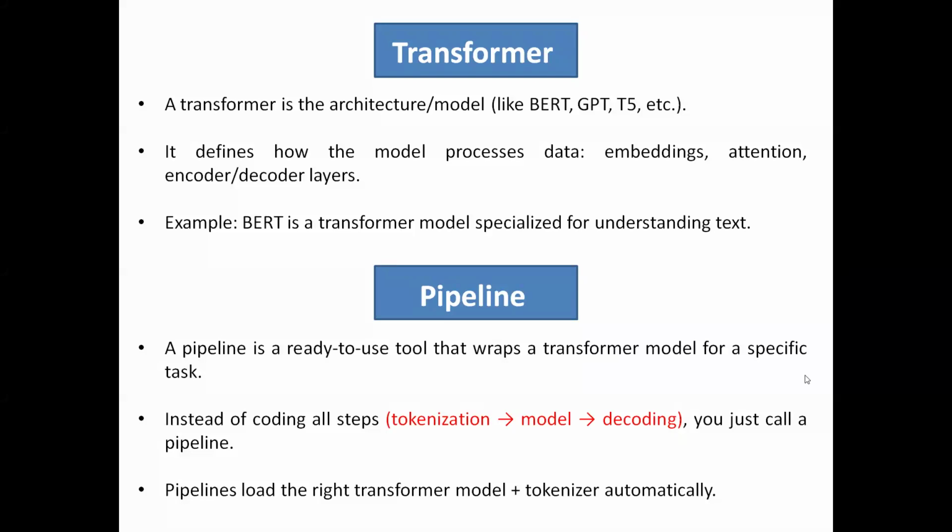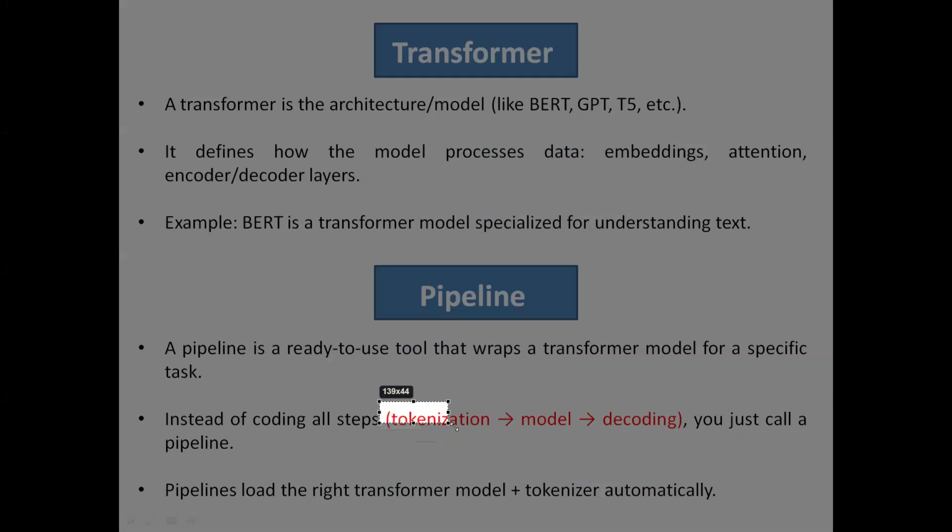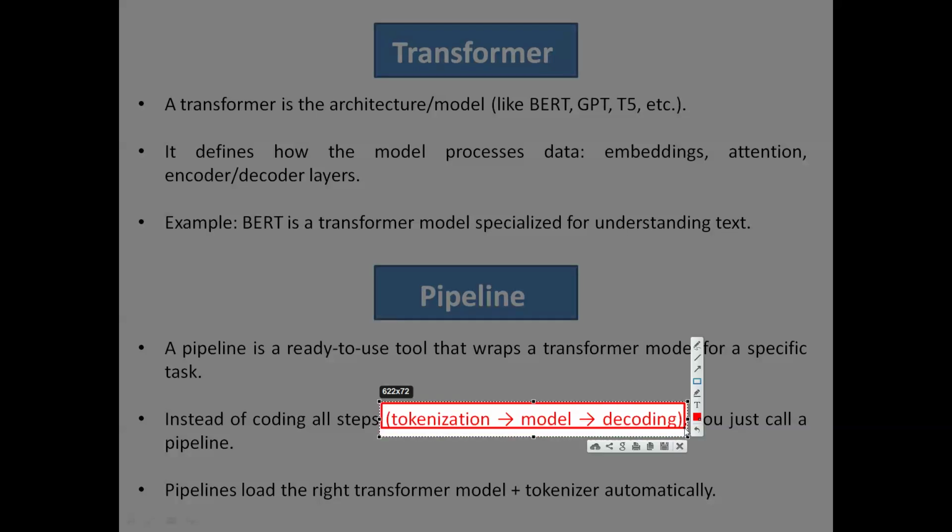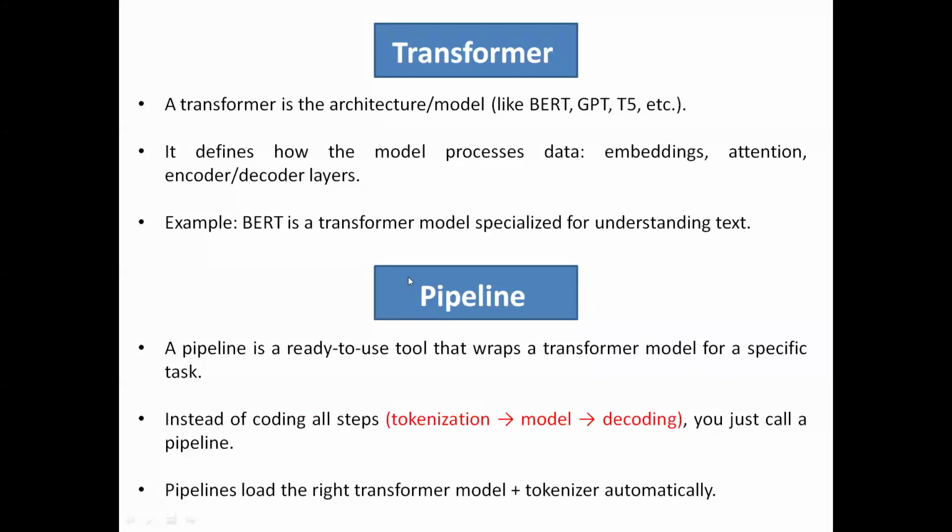That pipeline will make use of all the steps at the back end: tokenization, model, decoding, encoding, each and everything. So when working on an implementation, we make use of the pipeline as the upper layer to use our transformer.